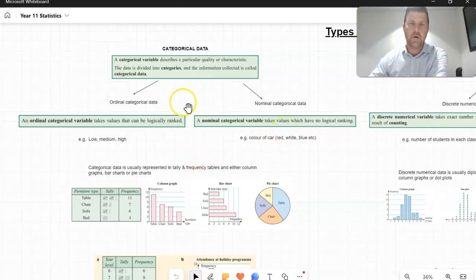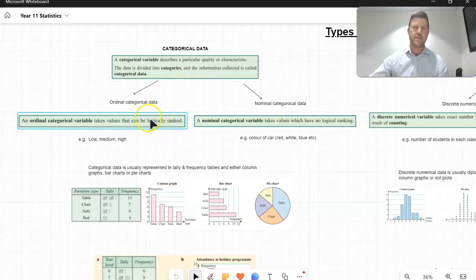Okay, so categorical data is essentially, the way I like to explain it is, if you're collecting data and the response that you're getting is a word of some sort, so for example, low, medium, high, it's a word, red, white, blue, for example, they're words, it's categorical data. And if it can be ordered or ranked, it's ordinal categorical data. If it can't be ranked or ordered, then it's nominal categorical data.